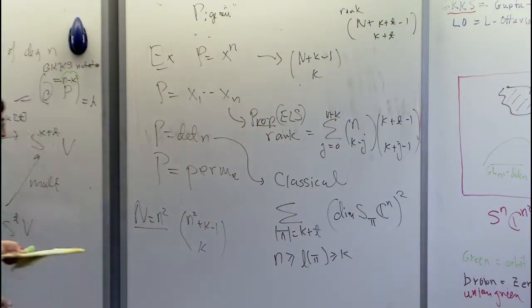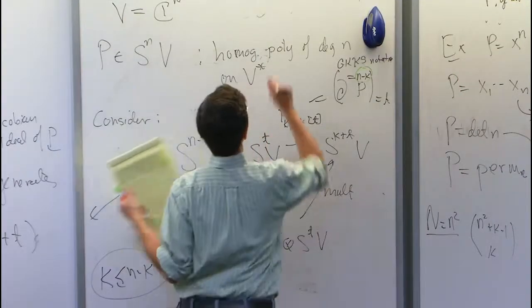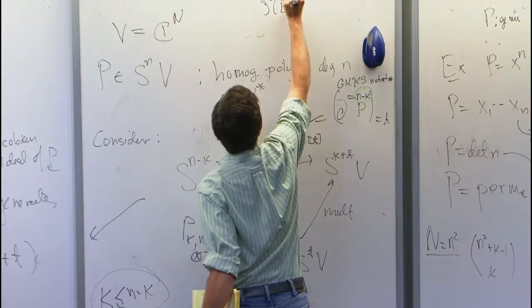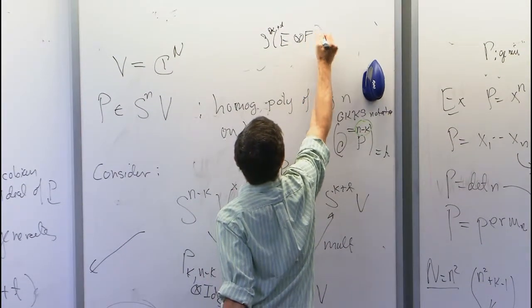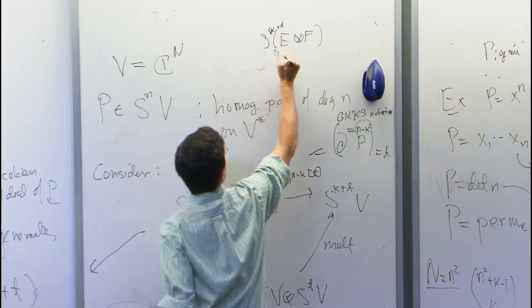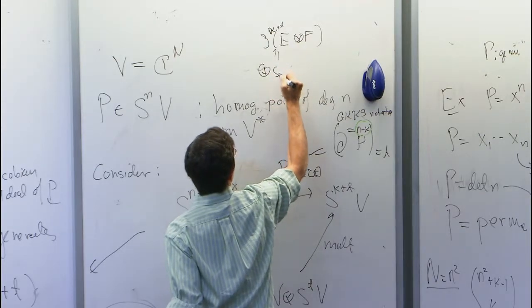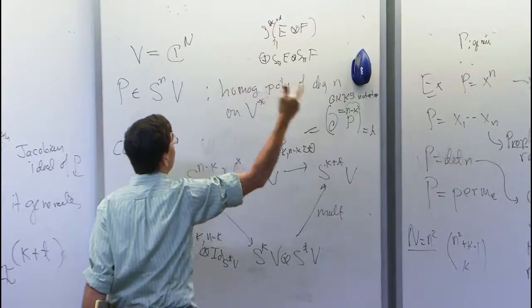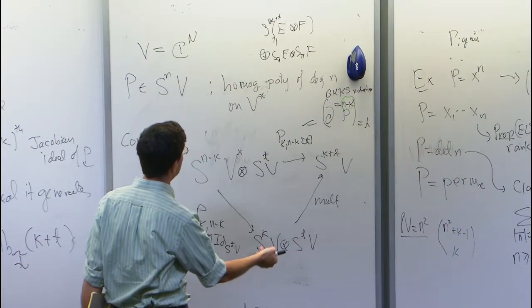So the ideal is known very explicitly. It starts out with the size k minors, and you pick up all polynomials in Sym^n of Sym^k plus t in E tensor F. This splits as a direct sum of a whole bunch of S_π E tensor S_π F, where π ranges over all partitions of k plus t.